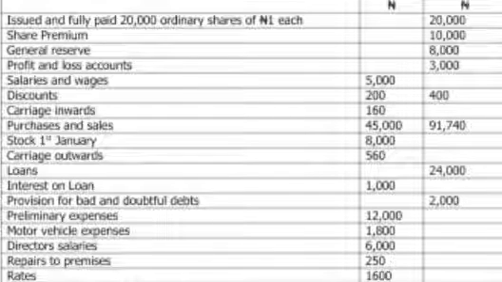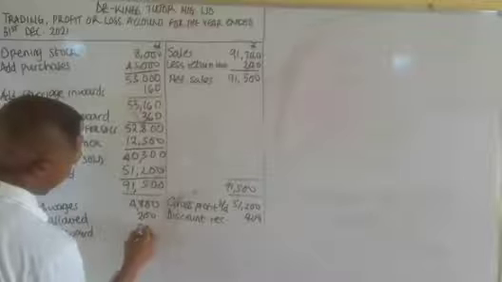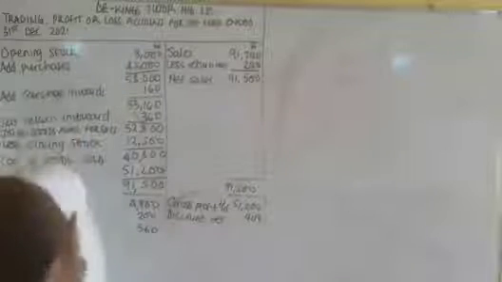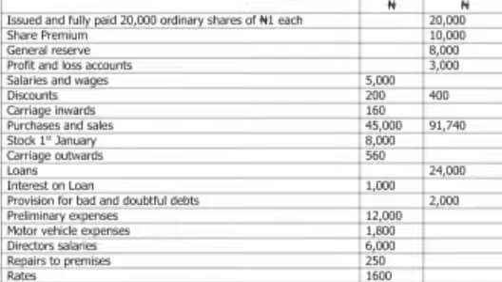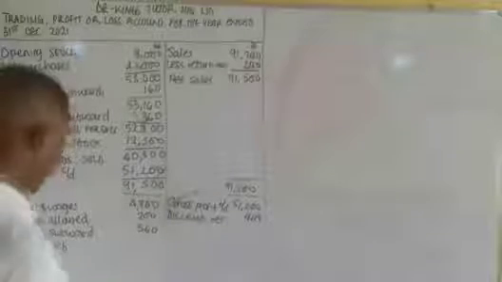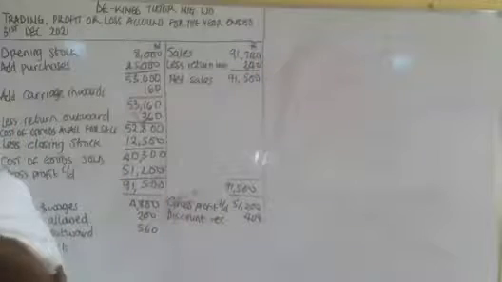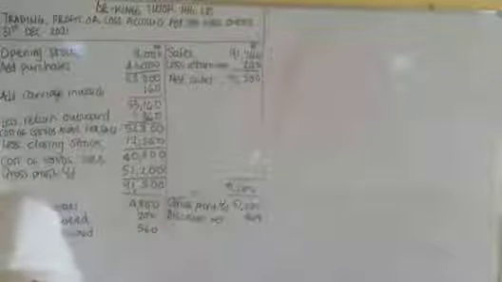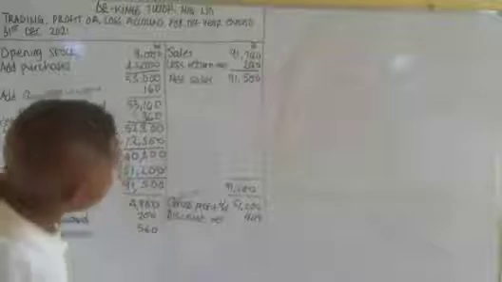How much is it there? 560. The next one is loan interest, or interest on loan. Remember, this was adjusted, so write the adjusted figure. That is what is supposed to be posted here. Loan interest is how much? That's the adjusted figure. I asked you to write it down.